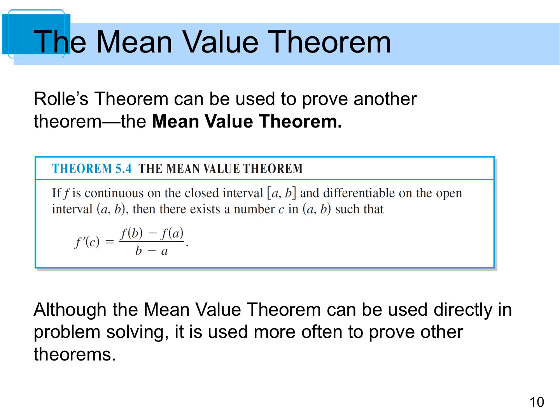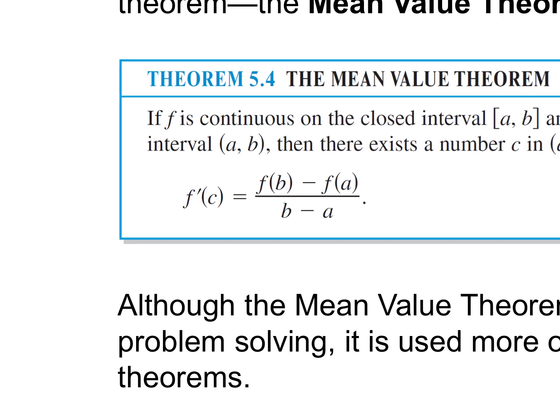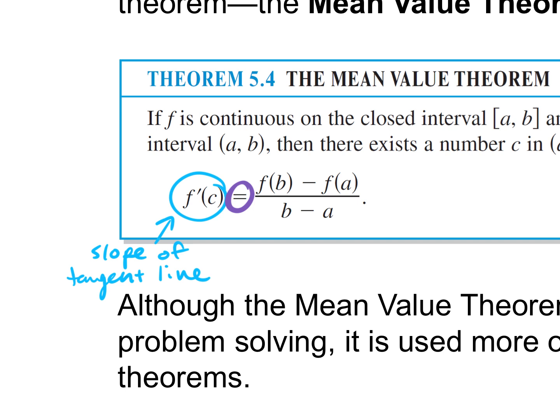So this is saying that the slope of the tangent line is equal to the slope of the secant line.